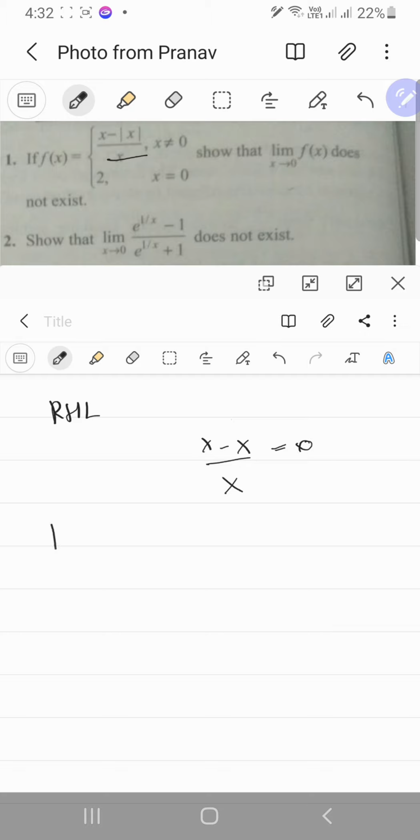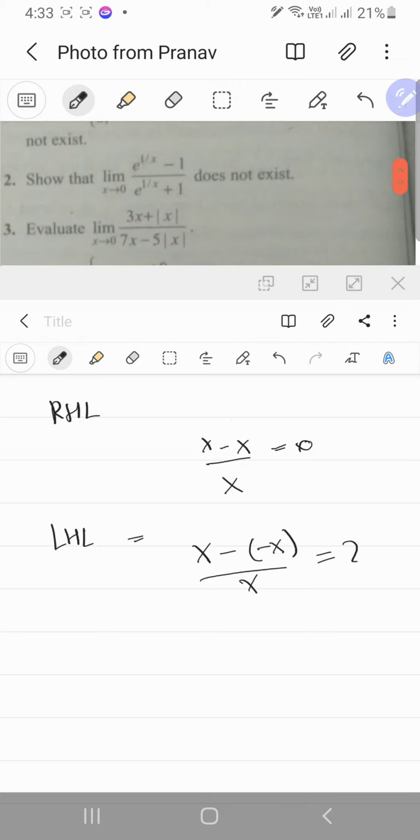And the left hand limit is, over here you have 0 minus minus mod of 0 minus, so that's going to be 0 plus. So this is going to be x minus negative x, because x is 0 minus, so negative x is 0 plus, upon x, so this should be 2. Yeah, that's correct. The right hand limit and left hand limit are different, so this does not exist.